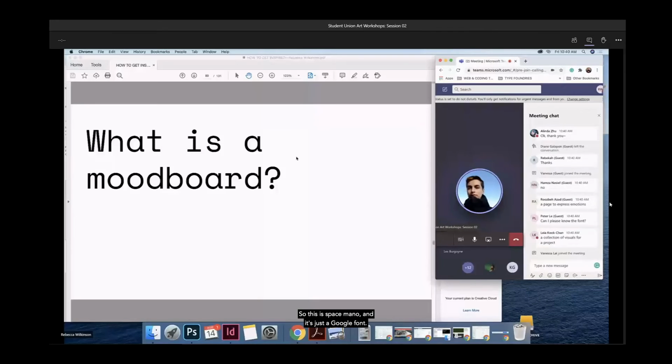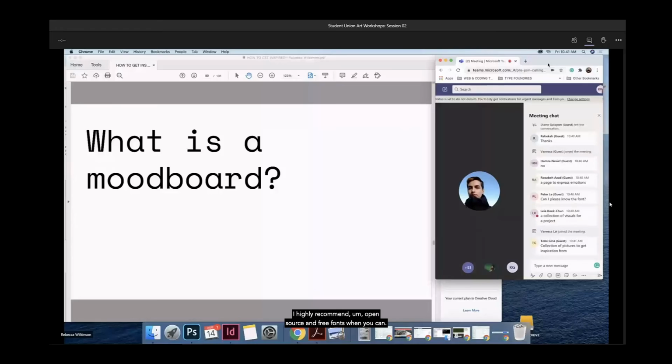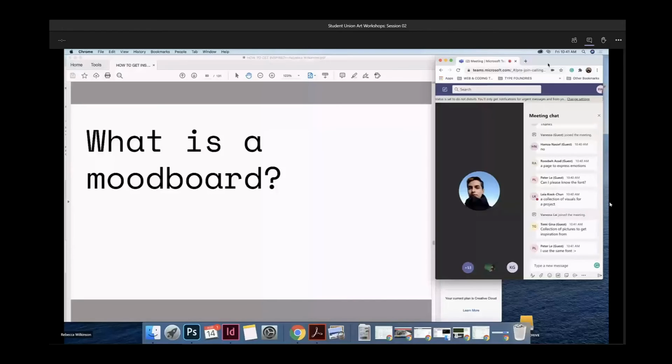So this is Space Mono, and it's just a Google font. I built this in just Google Presentation. It's free. I highly recommend open source and free fonts when you can. But like I said, I'll share a Google Sheet at the end of the presentation, and anyone who wants me to shoot over the PDF, I'll just send it out.